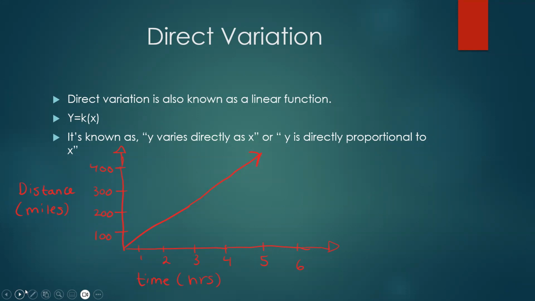So that all means direct variation and it's linear. So here's a graph of a direct variation. It's a linear line, time on the x-axis and distance on the y-axis. Okay, so that is direct variation.